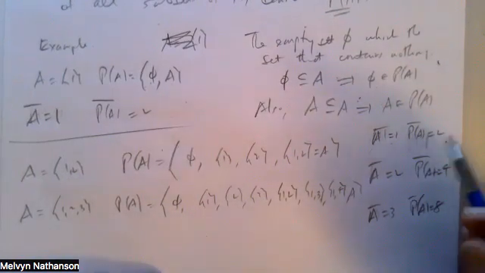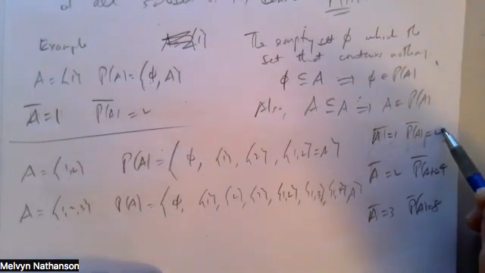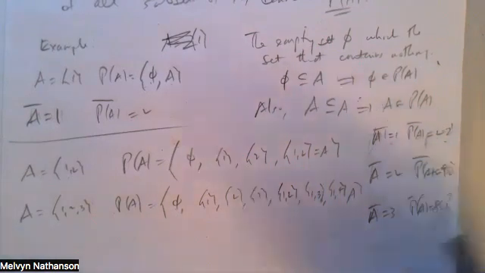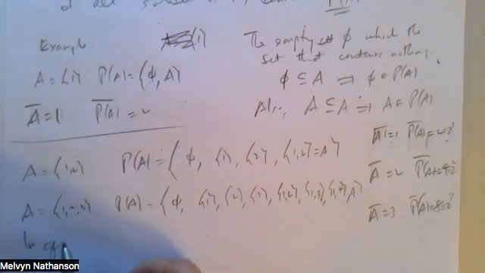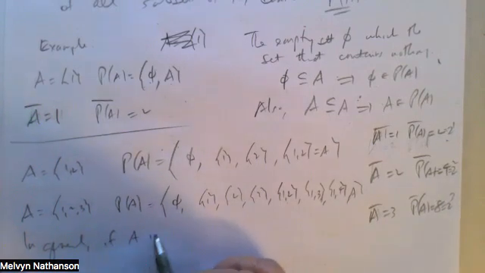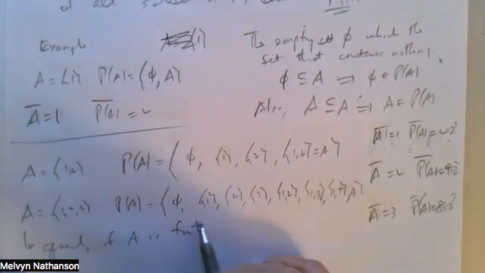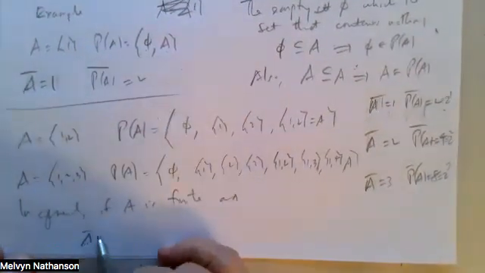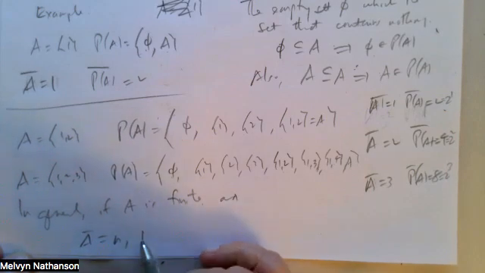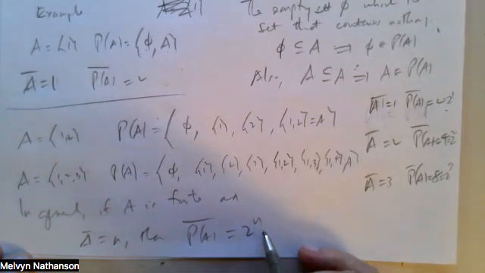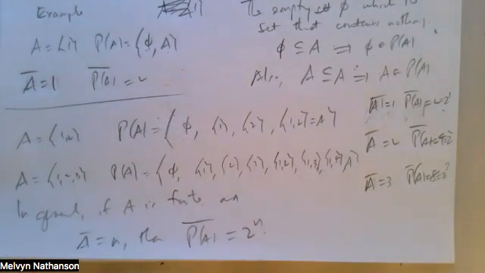In fact, you might notice 2 is 2 to the first power. 4 is 2 squared. 8 is 2 cubed. And in general, if A is a finite set, and the number of elements in A is n, then the number of elements in the power set of A is 2 to the n.